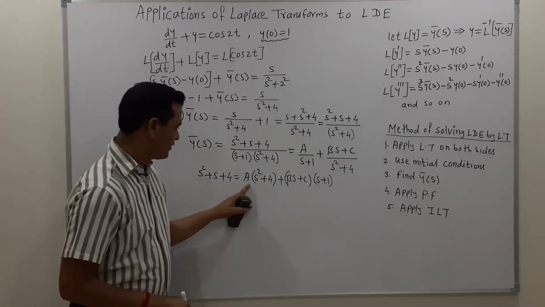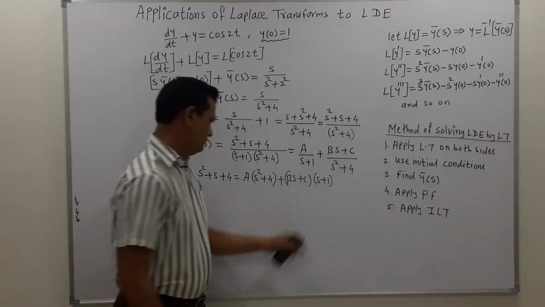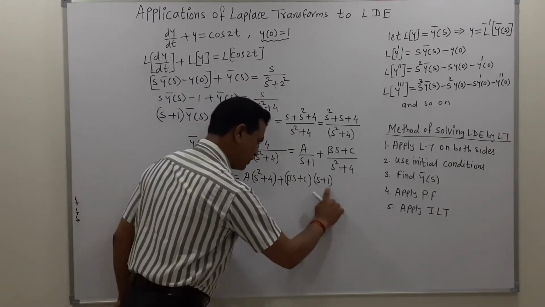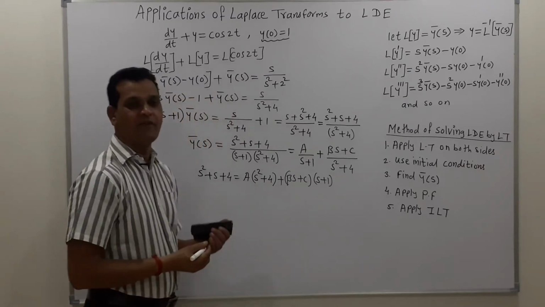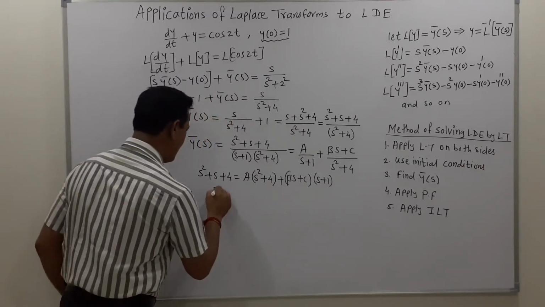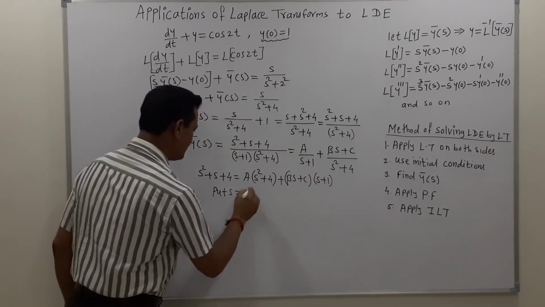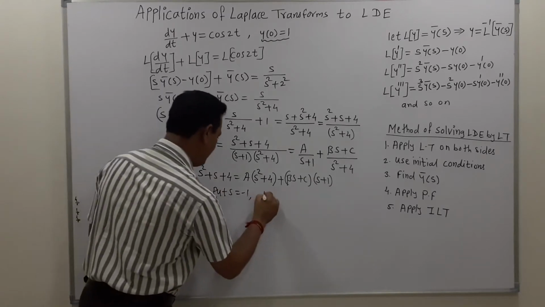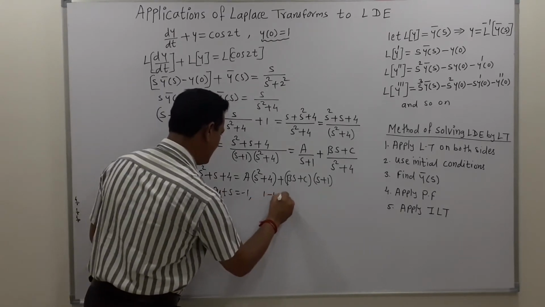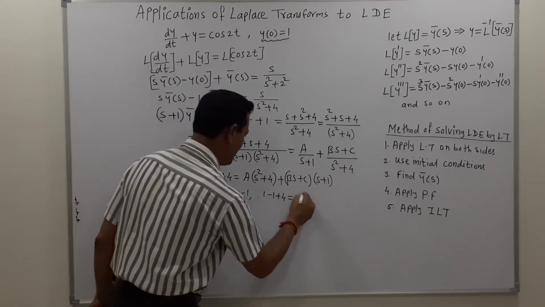Now to find the value of constant a, put s is equal to minus 1. If we put s is equal to minus 1, then this factor becomes 0, so this whole term becomes 0, and we can get the value of a. So minus 1 square is 1, then minus 1 plus 4 is equal to, 1 square is 1, 5a.